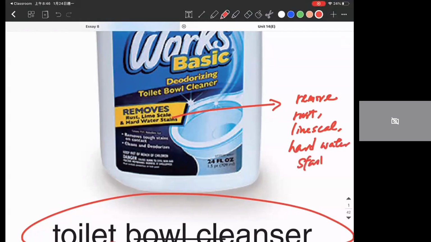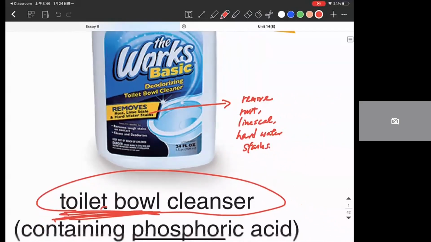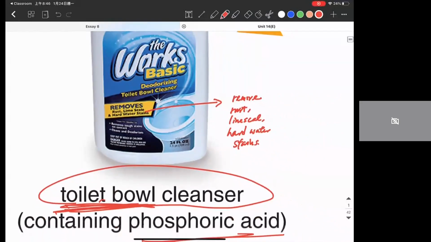So what is that? What's meant by that? So indeed, acid can also react with some chemicals. So indeed, that is the main reason, okay, of the working principle of toilet bowl cleanser, which is used to remove some rust, lime scale, and hard water stains.